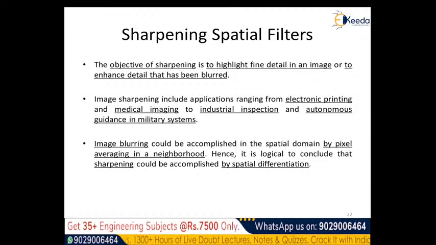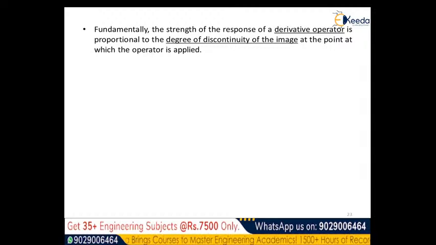Image blurring could be accomplished in the spatial domain by pixel averaging, and when we use spatial differentiation, we can achieve sharpening. Mathematically, we can show this differentiation for the input pixel intensity, along with the expression for these sharpening filters.